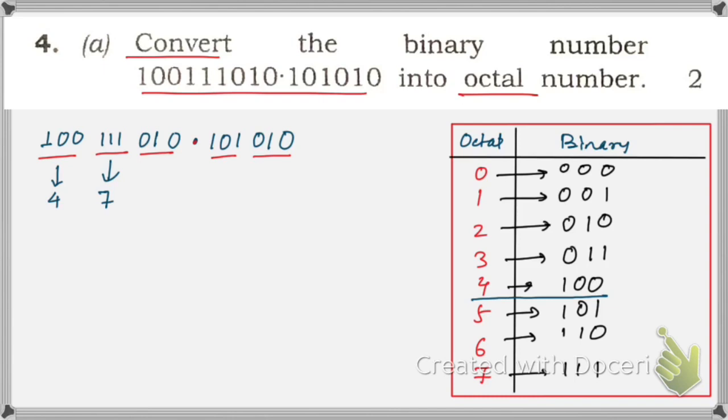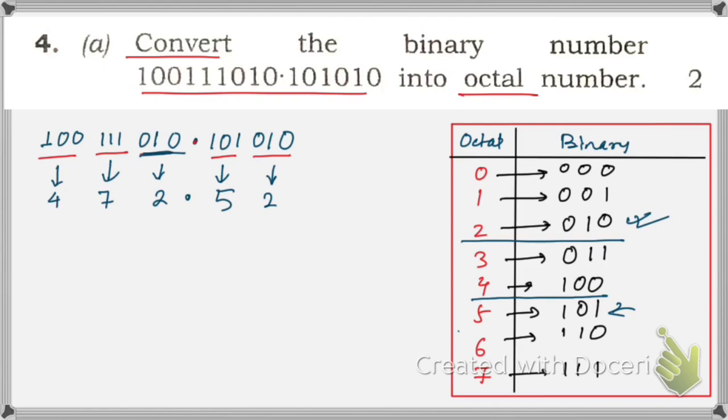Then replace this 101. Where is 101? This is 5. Then the part after the decimal, we can convert this 101, so this is 101, that is 5, right? And 010, again this is 2, right?